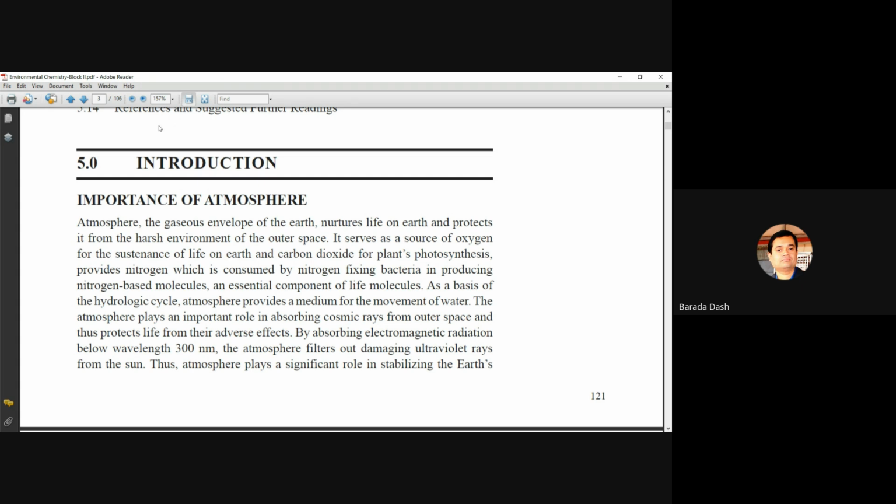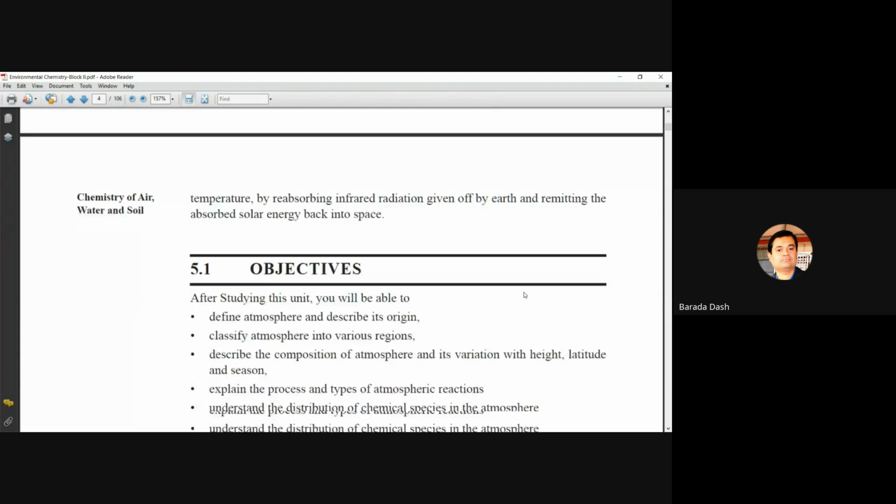If anthropogenic or man-made pollution creates unwanted chemical or gaseous species that are harmful to human health, then when we inhale the atmospheric air, we will also inhale the pollutants, and that will be detrimental to our health. So that's why atmospheric chemistry is very important to us.